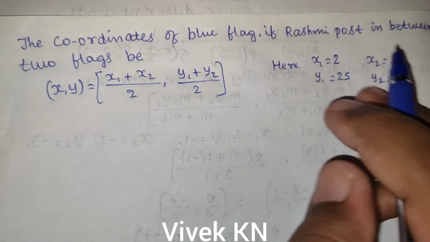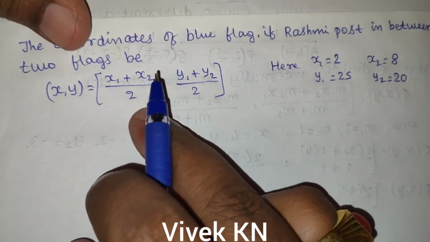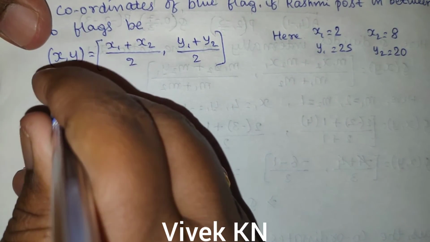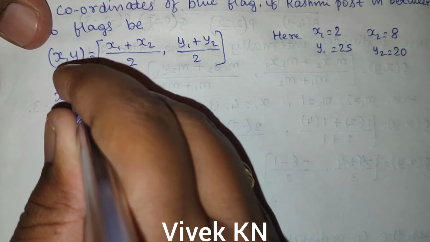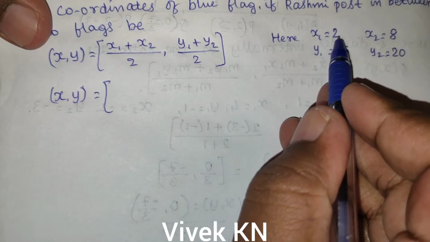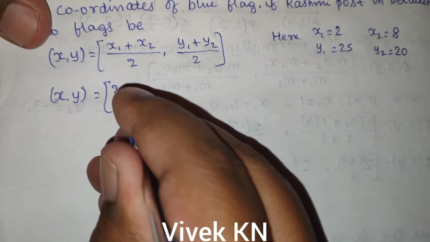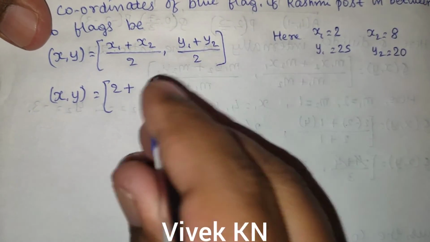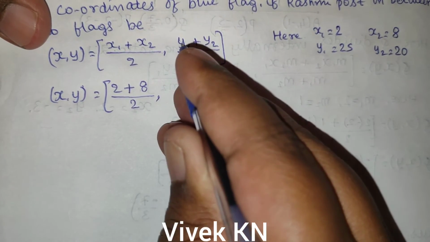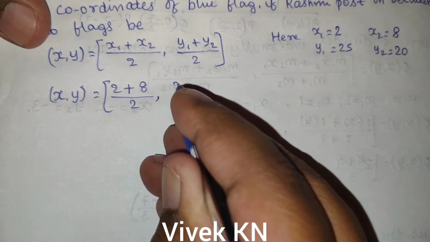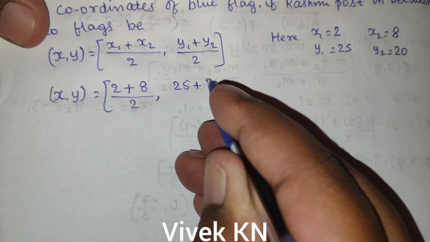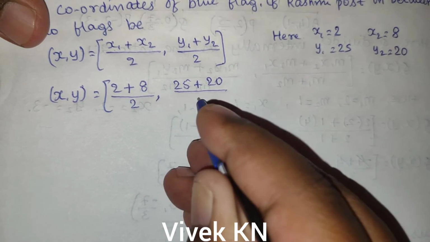Now let us substitute these values in the midpoint formula, that is x, y is equal to the value of x1 is 2 plus the value of x2 is 8 divided by 2, comma, the value of y1 is 25 plus the value of y2 is 20 divided by 2.